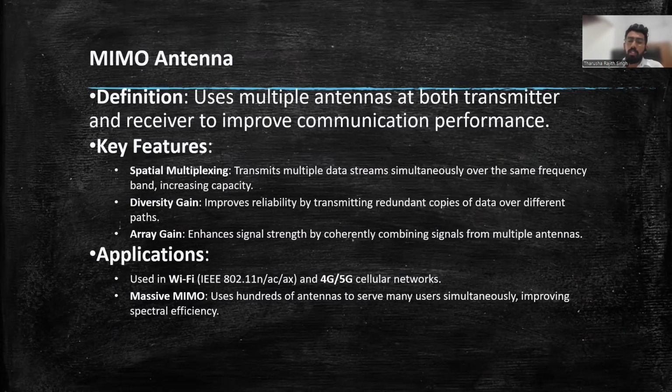So MIMO technology is essential for meeting the growing demand for high-speed wireless communication. By increasing data throughput, improving reliability, and enhancing signal strength, MIMO enables modern wireless systems to deliver faster and more reliable connectivity.